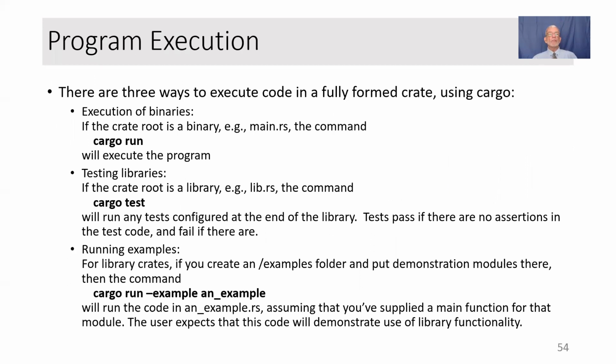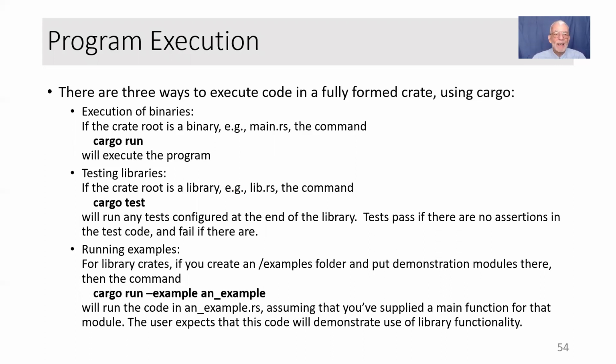So that was build. Now when the build is done, we want to execute stuff, and there are three interesting ways to do execution with Rust. One is just to say cargo run, and if I built a binary, it runs it. If it's a library, it won't run it. It can't. It'll give me back an error message that I can't run this.